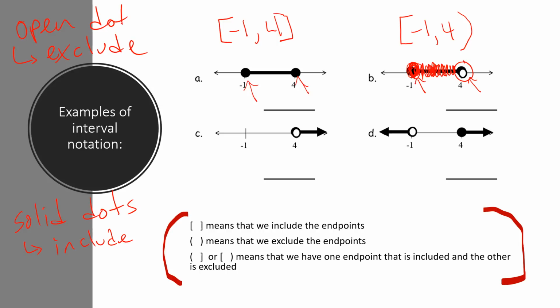All right, let's look at C. Once again, open dot. My lowest value is 4. So I'm going to use a parenthesis since I don't include the 4. But all the values in my solution, or that's being graphed, are values that are greater than 4. And it doesn't end. It goes on forever.